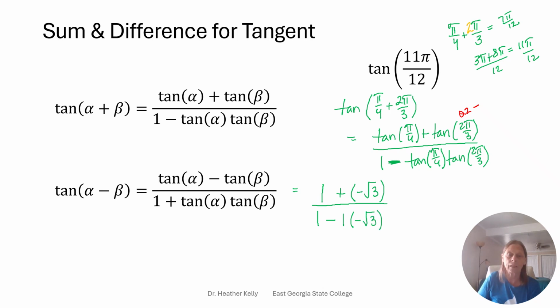Now, of course, we can't leave it like this. Let's just clean this up and see what we have. We have 1 minus the square root of 3 over 1 plus the square root of 3, and we still cannot leave it like this. We must rationalize.